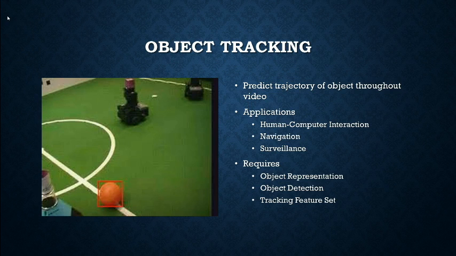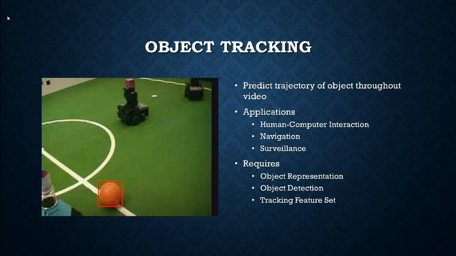It can be used to improve human-computer interfaces, like if you have a computer that a human needs to interact with, you can keep track of their eyes and see where they're looking to help them get to what they need to know. It can also be used in navigation, and that's obviously what I'm planning on using it for, and surveillance. That's a similar kind of application that's also prevalent for what I want my robot to do. I want it to follow and track a person or an object through a scene.